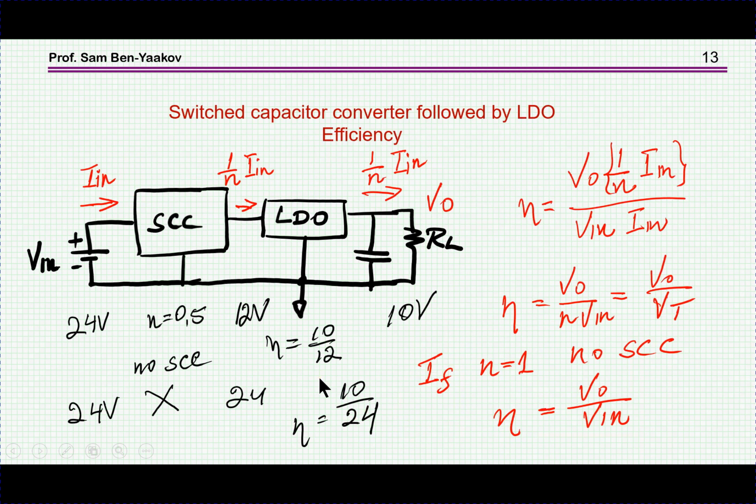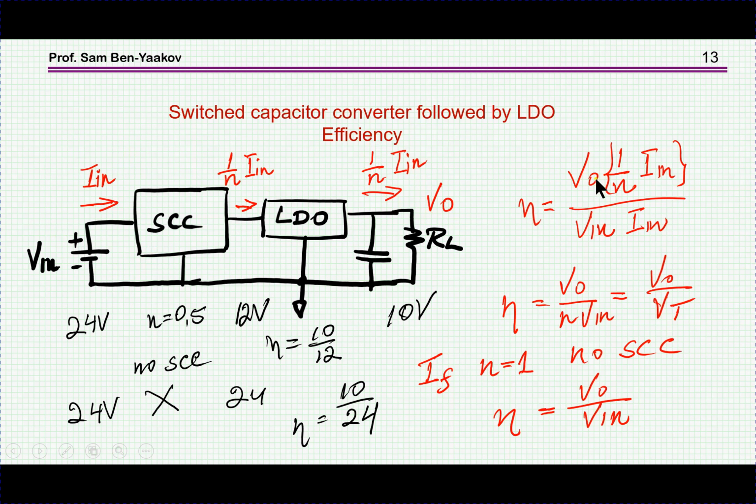So now I'm coming to the question of what happens if I have an LDO following a switched capacitor converter. Now, if I have a current coming into the switched capacitor converter, the current coming out is 1 over N. But the current coming out here is the same, because we have seen that the input current and output current of an LDO are the same. So if I do a calculation here and here, it'll be exactly like in the switched capacitor converter.